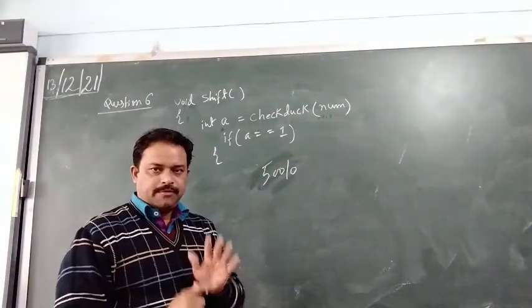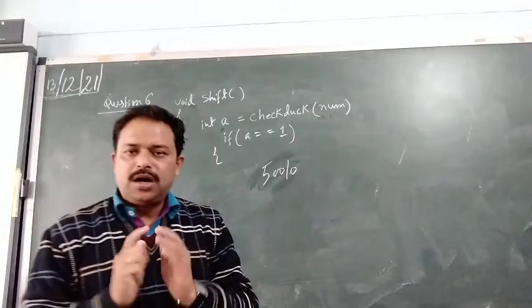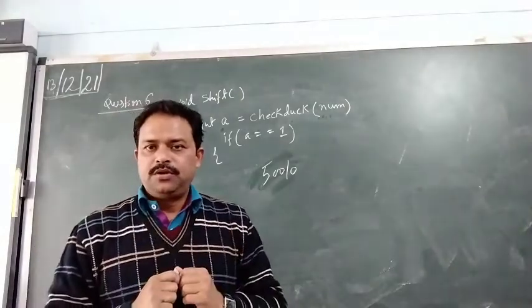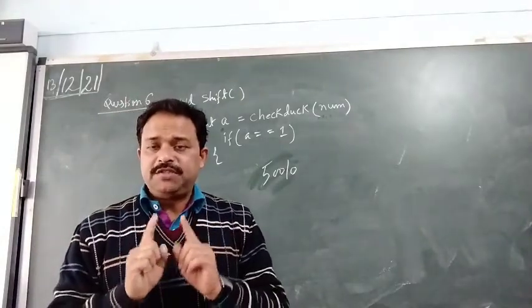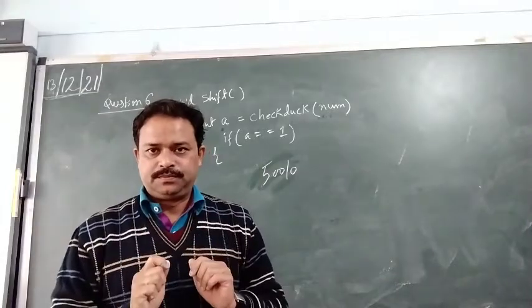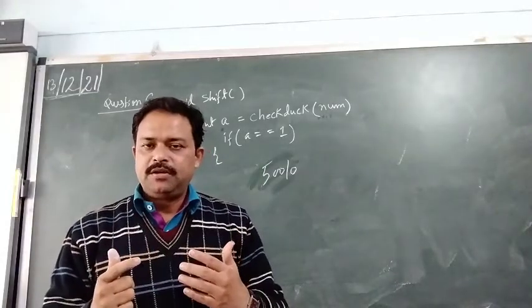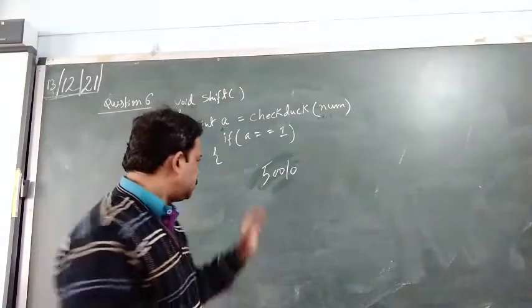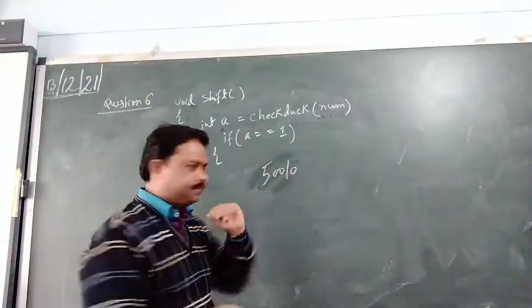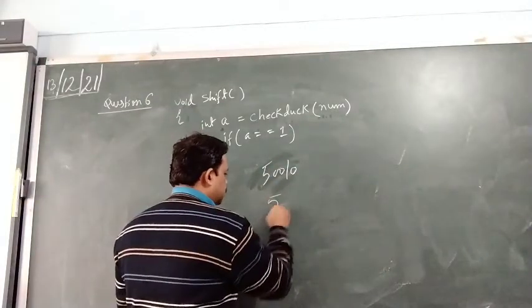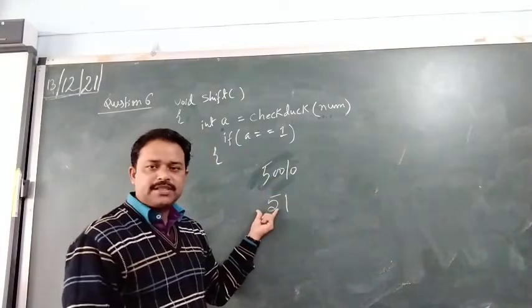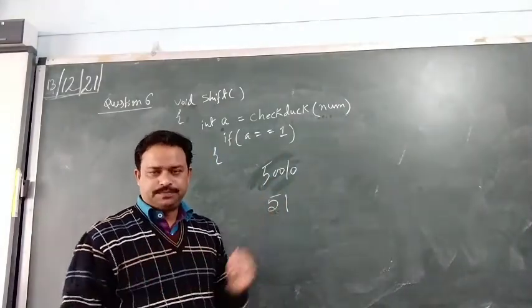Do one thing. First of all, make a new number which will not contain any 0. Make a new number without 0, means remove all the zeros and make a new number. Suppose 51. I have to make this number 51 without 0.